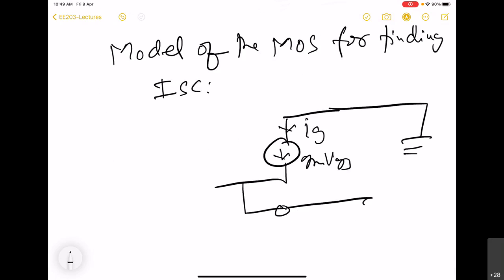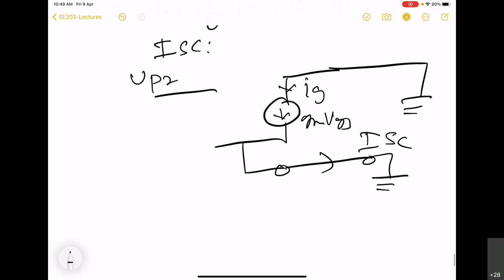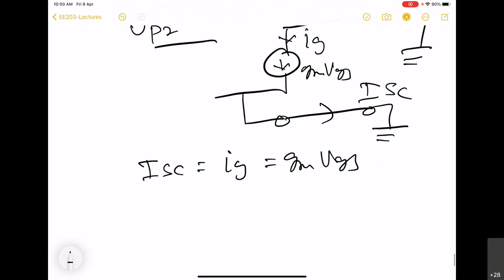This time even the source is also short circuited, and the MOS is getting excited by Vp2. So here we see that ISC is equal to IG, which is equal to GM VGS. So ISC is equal to GM, gate is Vp2, source is grounded.